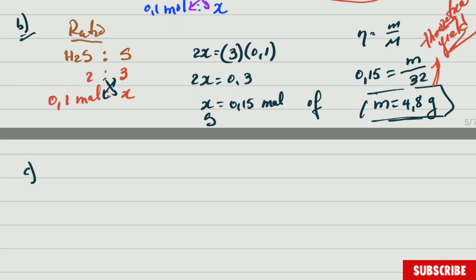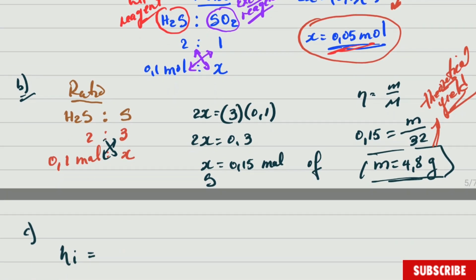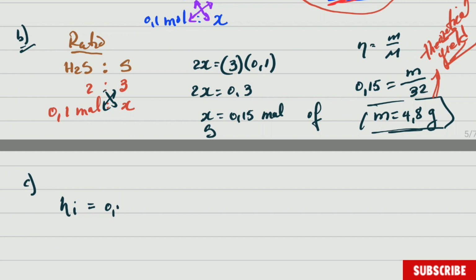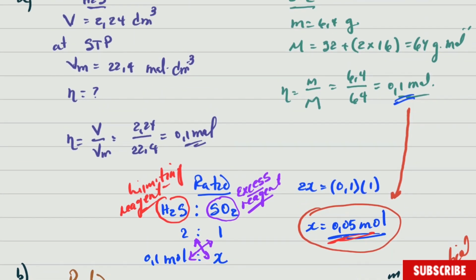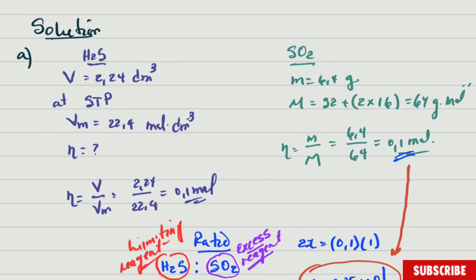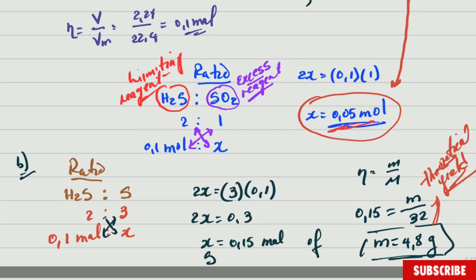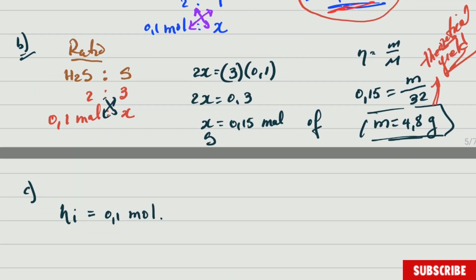So we started with the initial mole that was calculated, and it was 0.1. Okay, look here guys, that was the amount that you were starting with. That was the initial amount. You calculate the moles of that one. That one is the initial amount of mole.